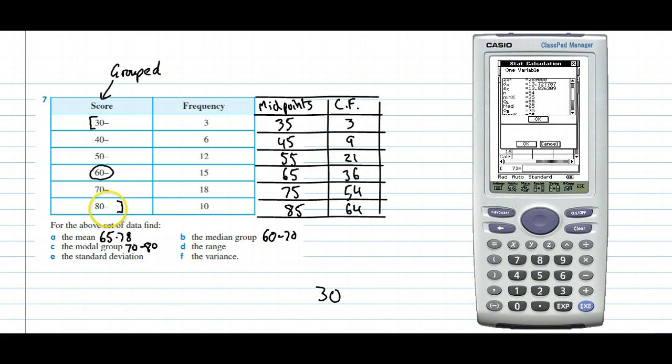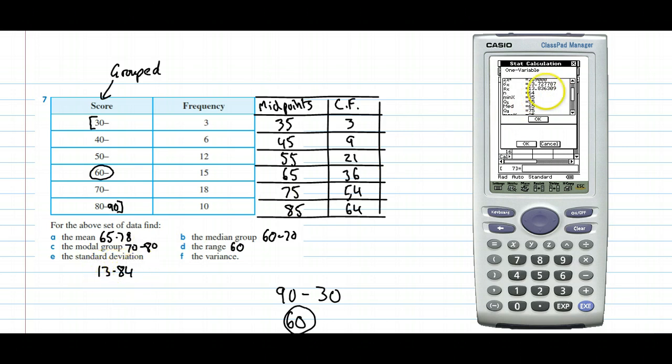This uppermost group is 80 to 90, so the highest value would be 90. Our maximum is 90, our minimum is 30, which makes the range 60. That's the gap from the lowest possible score to the highest possible score. For the standard deviation, we are going to have to defer back to the calculator. The standard deviation, according to the calculator, is 13.84.